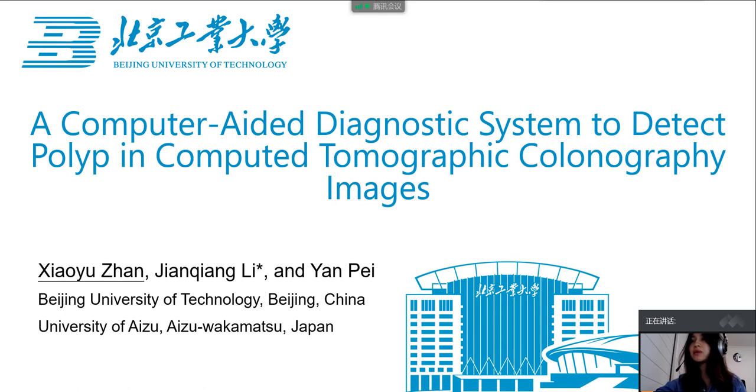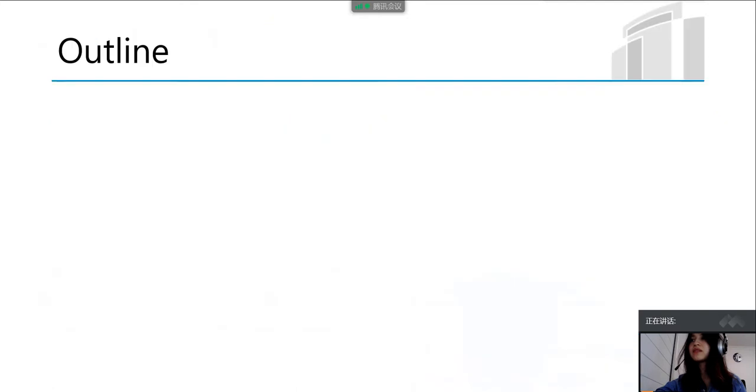And today my topic is a computer-aided diagnostic system to detect polyps in computed tomographic colonography images. We will introduce the whole thesis in 5 parts.